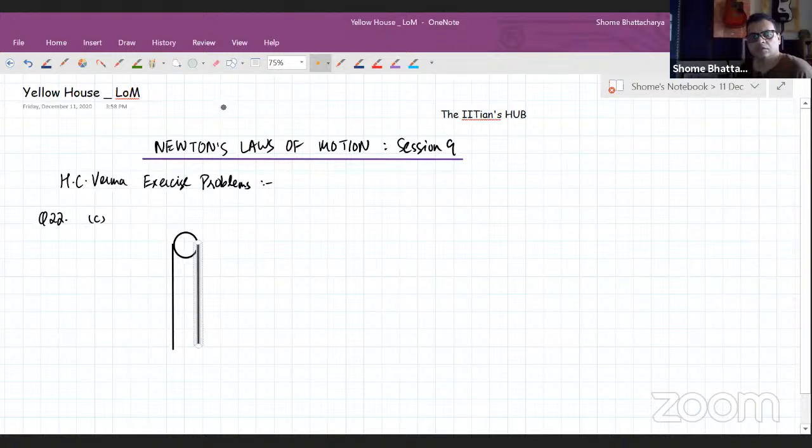Of course, keep in mind that it's a massless pulley, so the pulley's own mass is negligible or tending to zero.